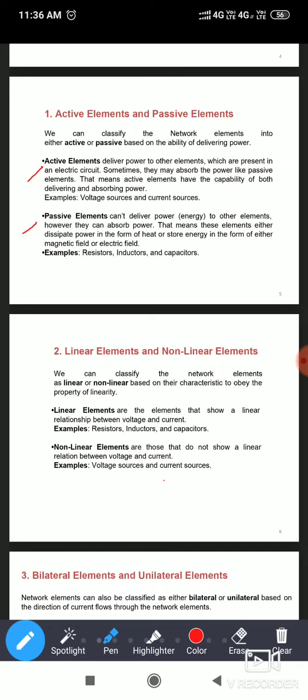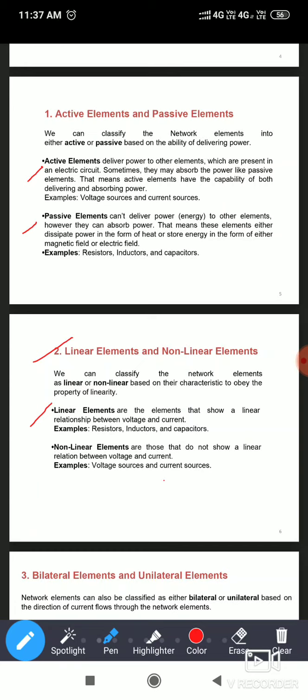Okay. So second point, linear elements and non-linear elements. What do you mean by linear elements? Linear elements are the elements which show a linear relationship between voltage and current. Examples: resistors, inductors, capacitors. Why are these called linear elements?